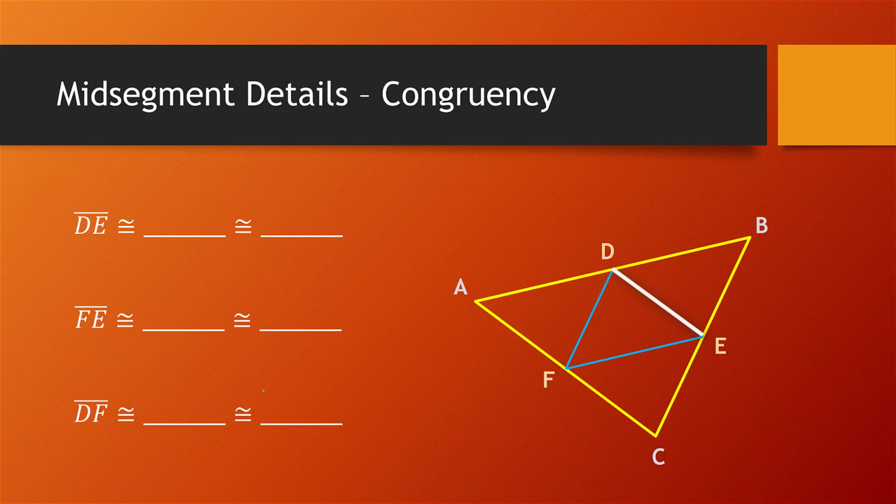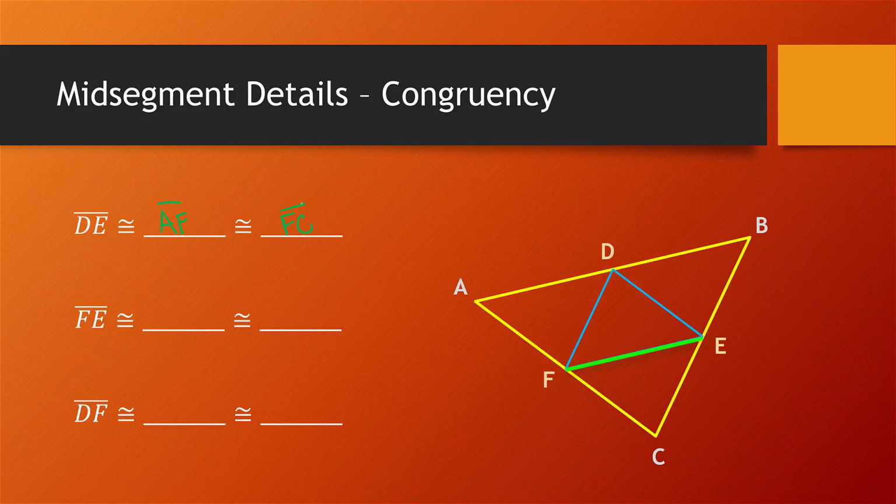I could take DE and slide it down and see that it is the same as AF, because F is that midpoint, which means it's splitting it half and half. I could do the same thing and find FC is also congruent to DE. If I just slide DE down, there's FC.